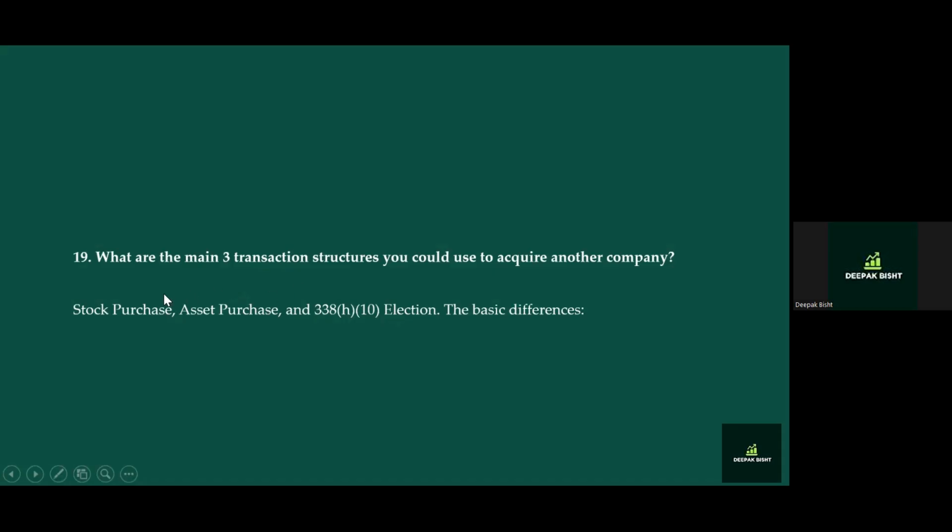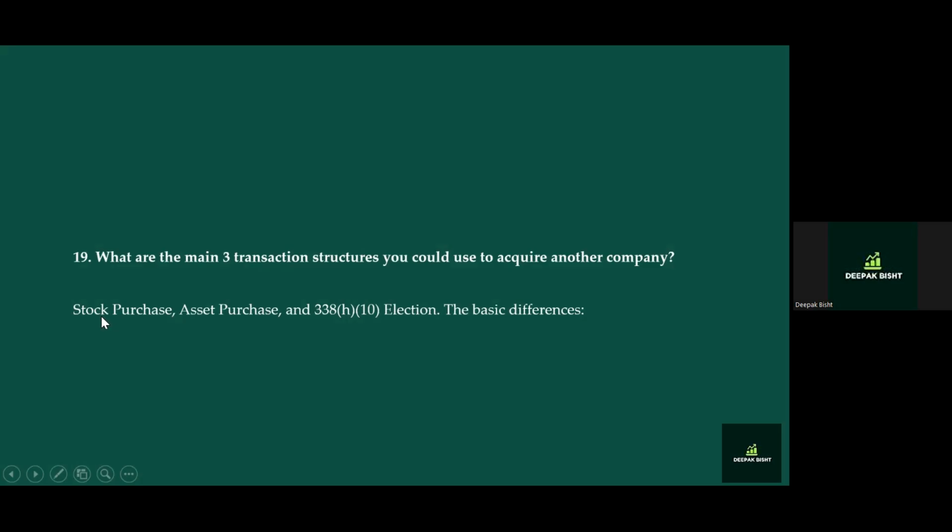Before that, let's understand what the question is about. When one company wants to buy another company, there are a few different legal structures that can form the deal, and each has different tax and accounting consequences.